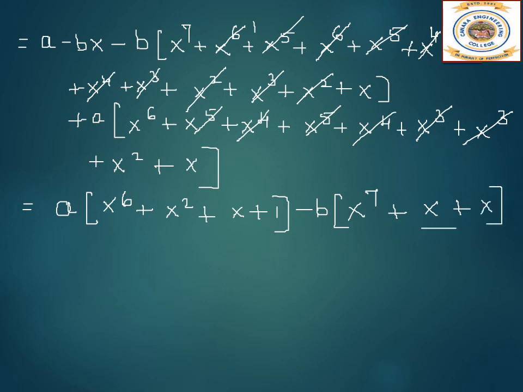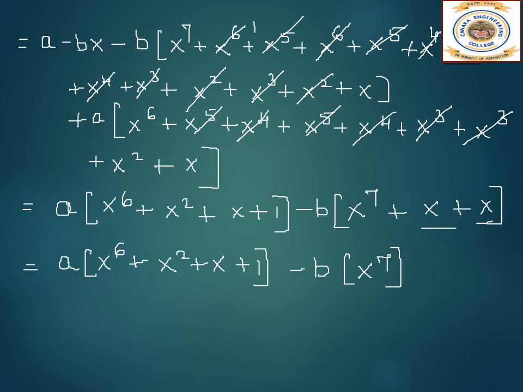So this and this again give 2x, and 2 mod 2 is 0. So finally we get x to the power 6 plus x square plus x plus 1 minus b into x to the power 7. So the multiplicative inverse is x to the power 7. So this is the answer.